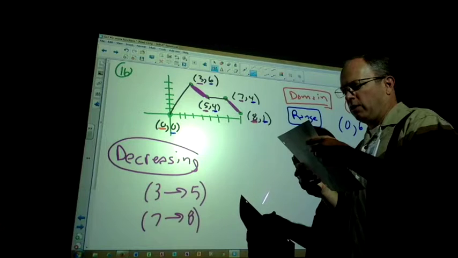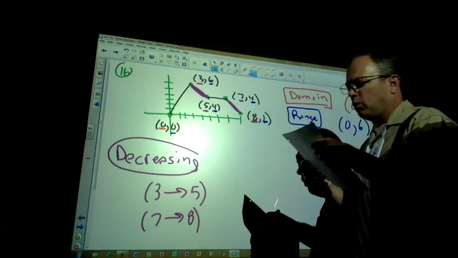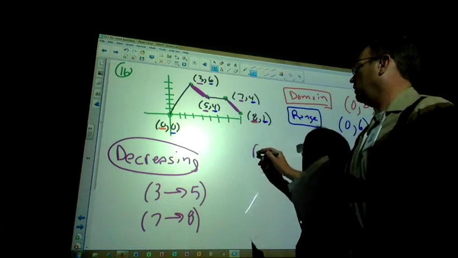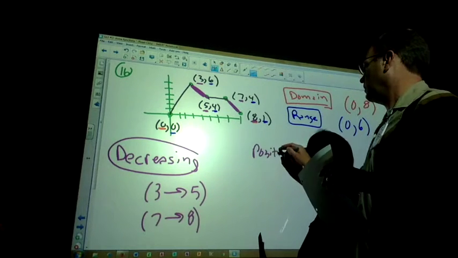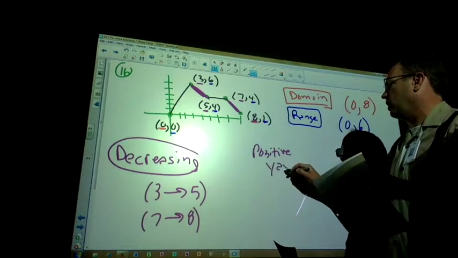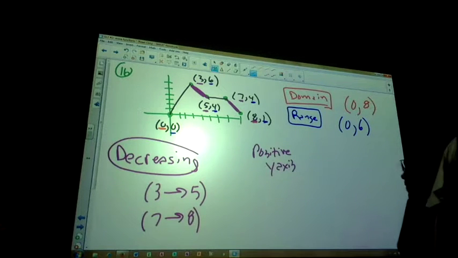Give the intervals on the y-axis where the function is positive. So where is the graph positive as far as the y-axis is concerned? Where does this go above the x-axis? Not 0 to infinity.